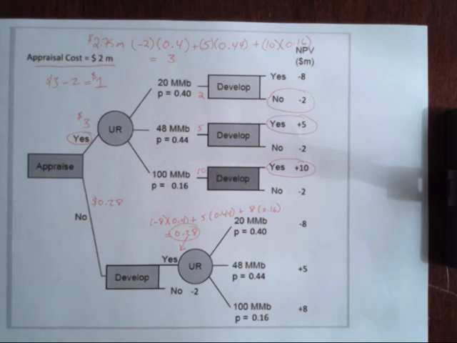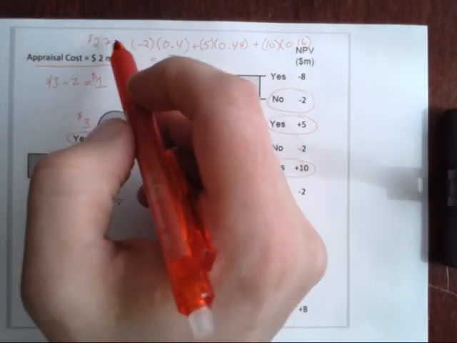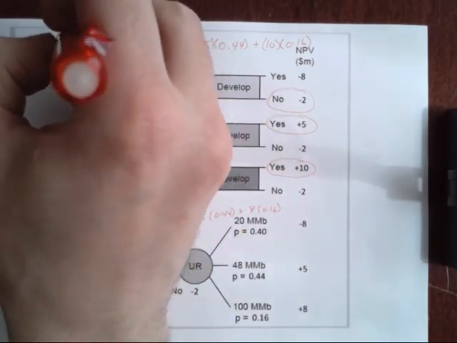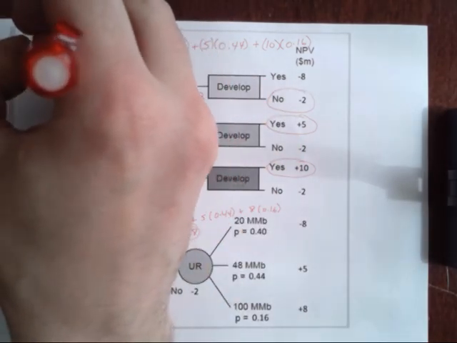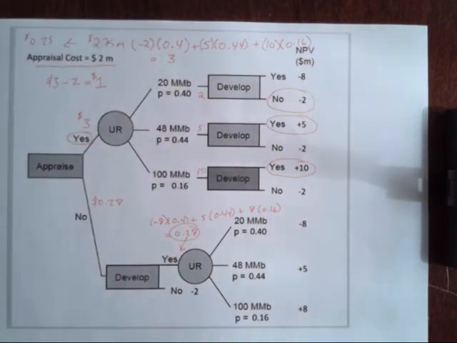If it was 2.75, the net value would be 0.25 million. In that case, the appraisal cost would be too high. The 0.28 would be larger than 0.25, and then we wouldn't do the appraisal.